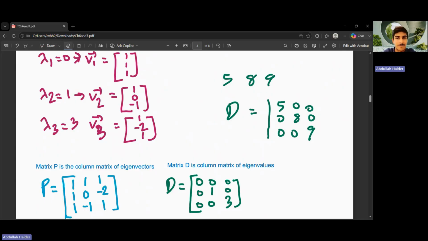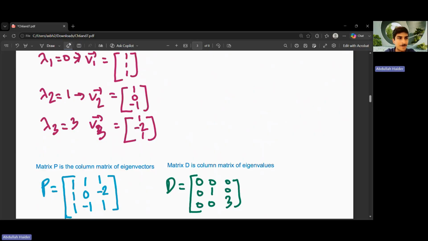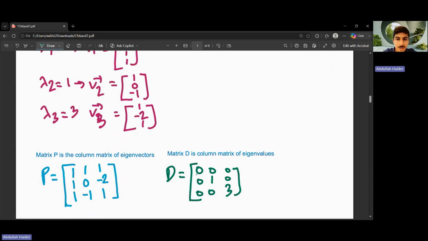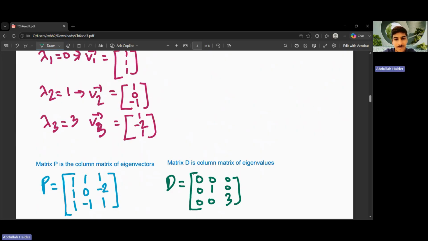That's basically the main purpose of D: you write your eigenvalues in order. And again, I'm saying this because it's very important. Order matters a lot. You have lambda 1 is 0, so you have 0 here, then lambda 2 is 1, and lambda 3 is 3.